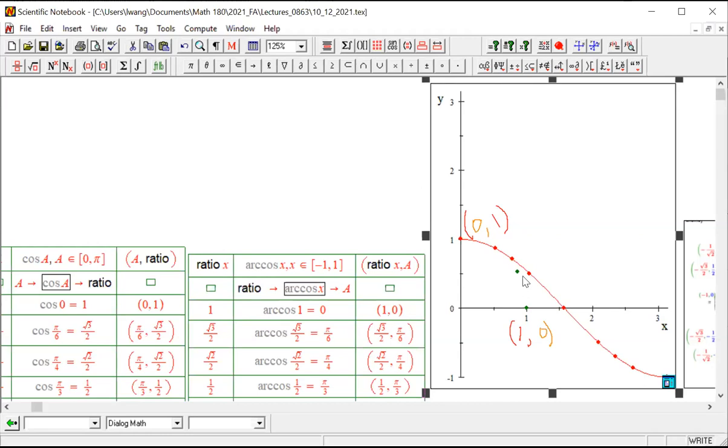Okay, that green dot, how would you mark that green dot? It's √3/2, pi over 6. Let me put a green arrow. Okay, this is the point.